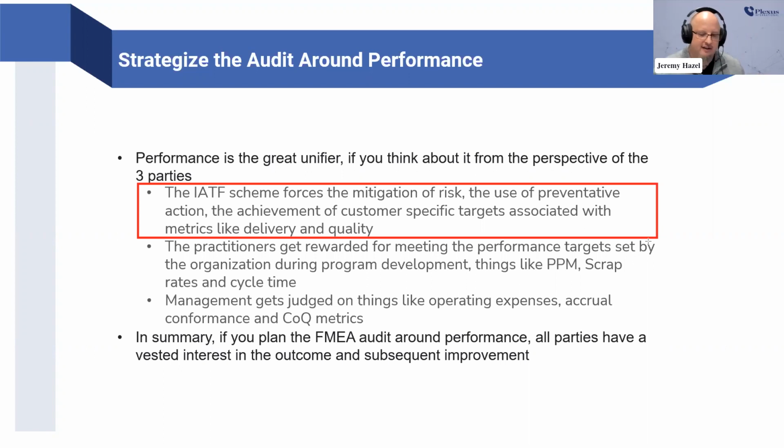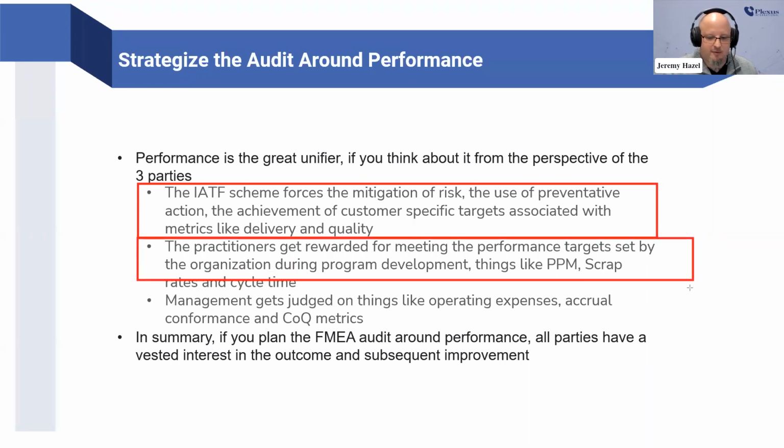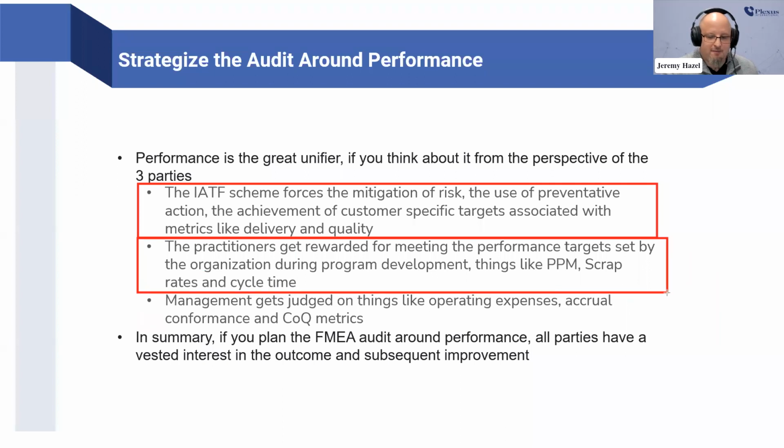The second thing, the practitioners get rewarded. So let's take a look how the practitioners get rewarded by meeting the performance targets set by the organization during program development. So if you're supposed to build a line that equates to 15 ppm, or you're supposed to build a product that has less than, say, 0.5% warranty, you need to strategize around that metric.